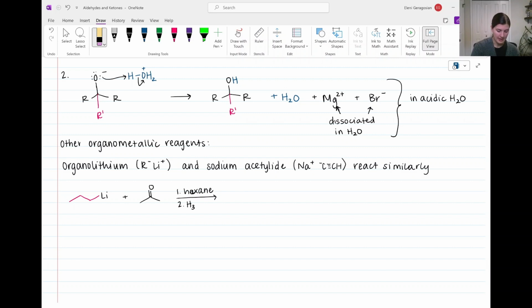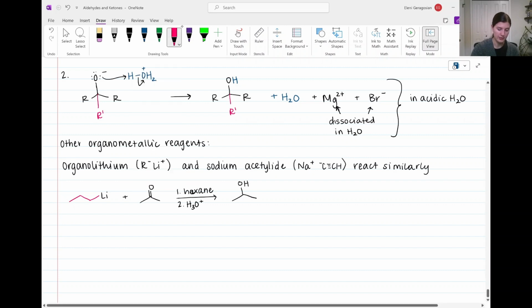And then again an acid in a second step. And the same product as if it were Grignard reagents is expected, where that propyl group is now bonded to the carbonyl carbon, and we have an alcohol group where the carbonyl oxygen was.